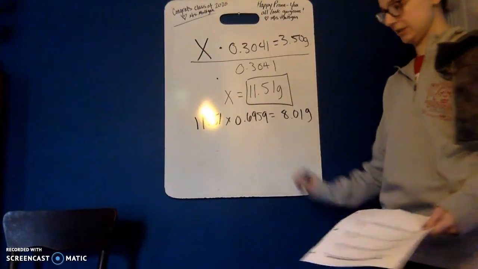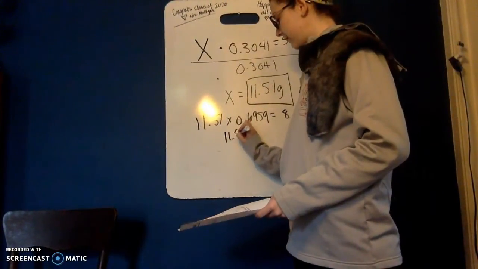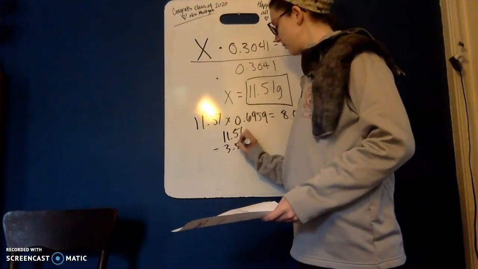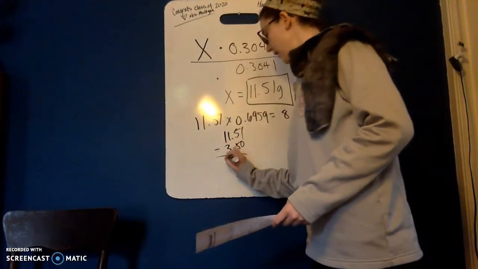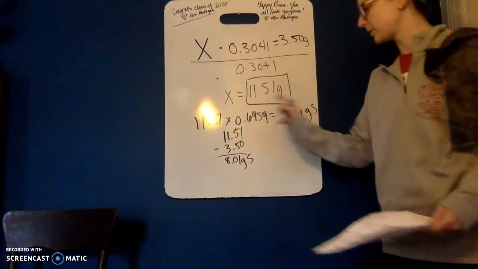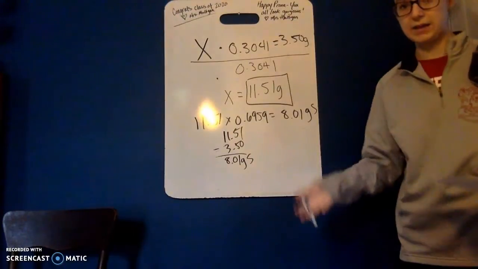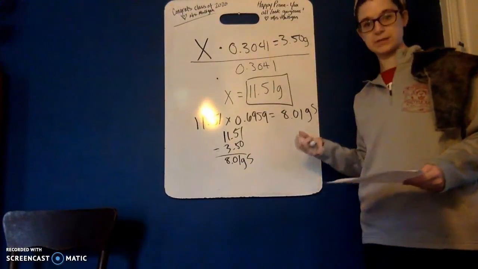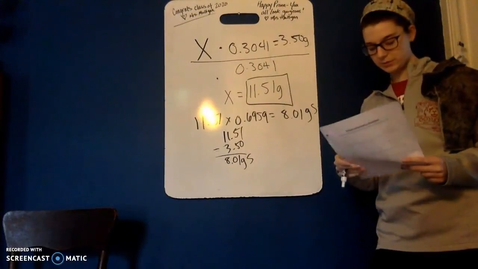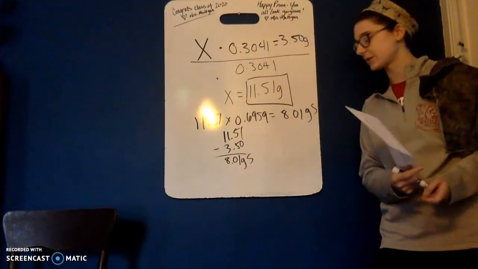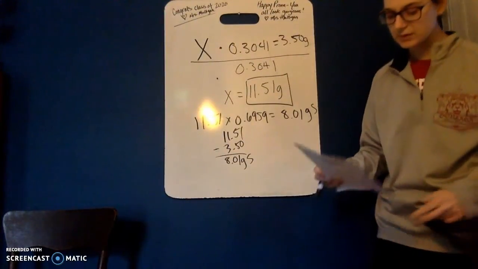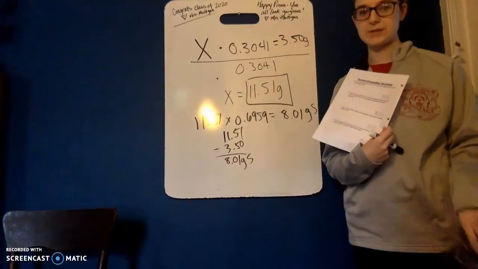The other thing I could do is I could take 11.51, subtract 3.50, and I get 8.01 grams of sulfur. So either way, if I multiply the percent or just subtract the element that I already have, since the remainder is sulfur, I can solve this 2 ways, and both ways give me the same answer of 8.01 grams of sulfur. So those are the answers to the percent composition worksheet.